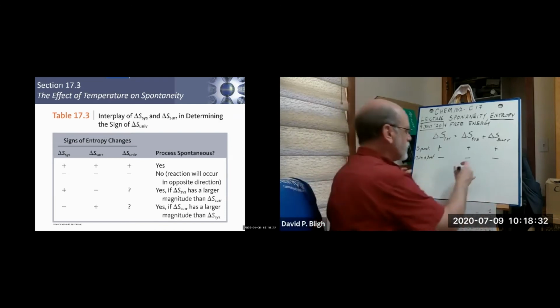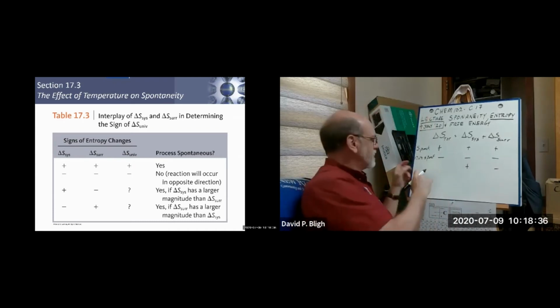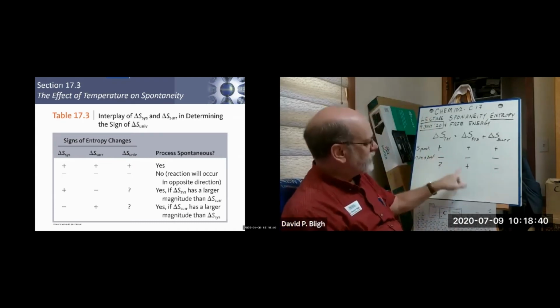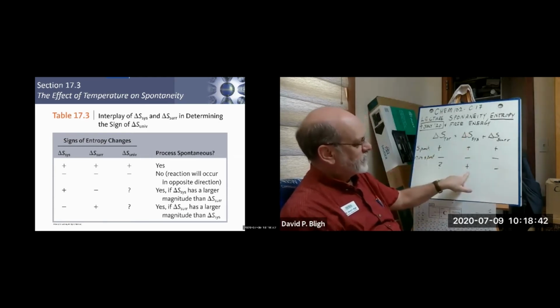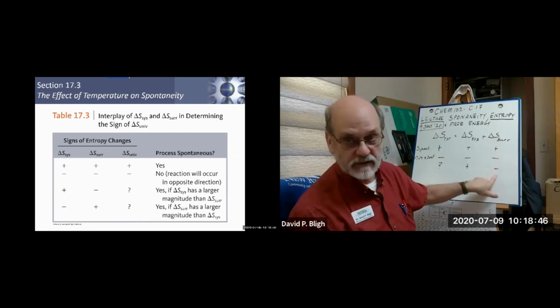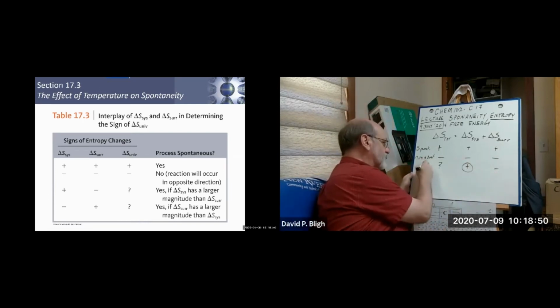Right? So if this one's positive and that one's negative, it's only spontaneous if the change in entropy of the system is larger than the change in entropy for the surroundings. Right? If this dominates, then it's spontaneous.